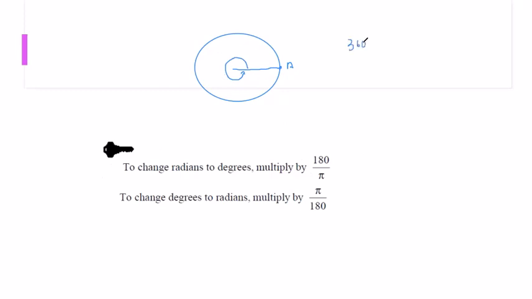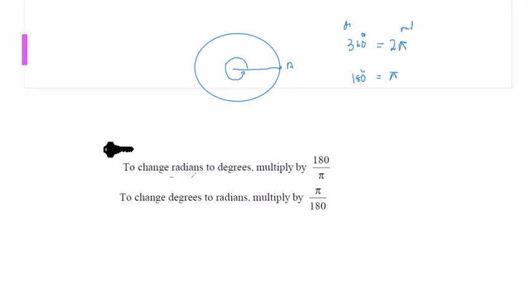The angle is equal to 360 degrees, and in terms of radians, that is equal to 2 pi radians. So the relation between angle in degrees and angle in radians is 360 degrees equals 2 pi radians, or we can simplify this and say 180 degrees equals pi radians.